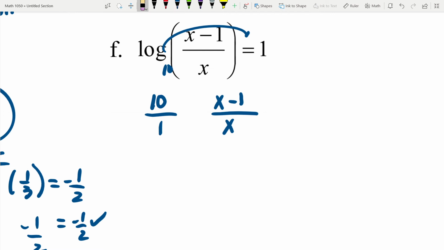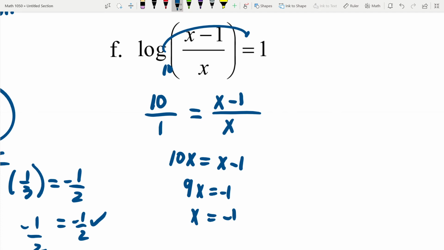Everybody knows that 10 to the 1st is just a 10, so I'm going to drop that. Then I'm going to cross multiply, because I have an equal sign in between. When I do that, I get 10x equals x minus 1. Pull the x over. 9x equals -1. Divide, x equals -1/9.